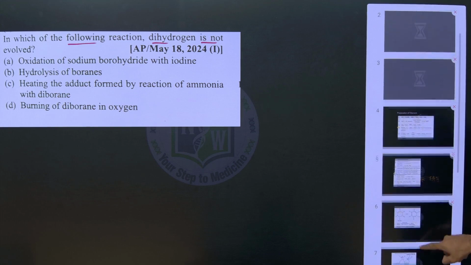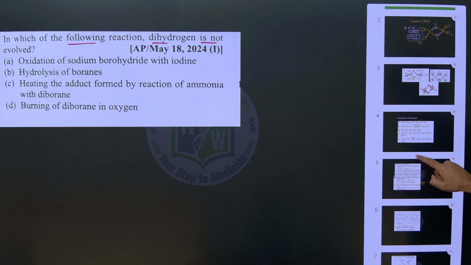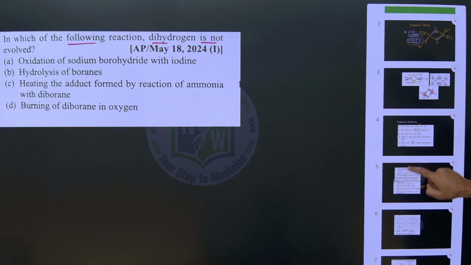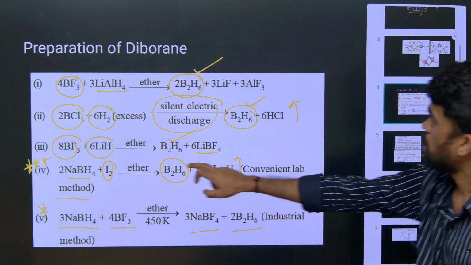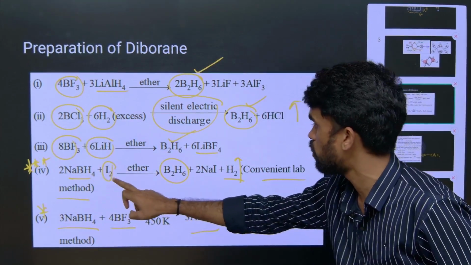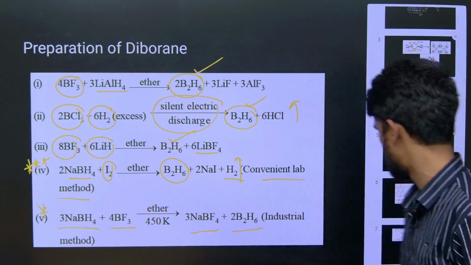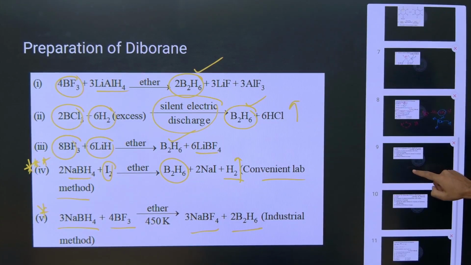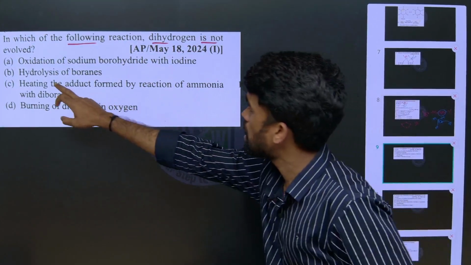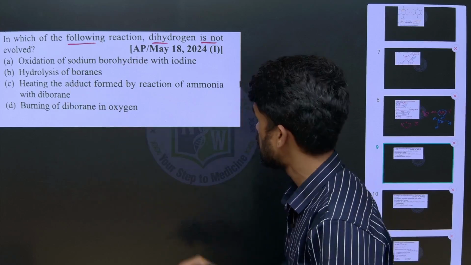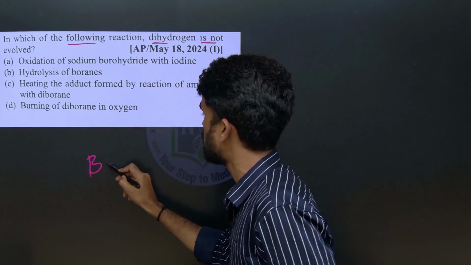So look here, oxidation of sodium borohydride with iodine evolves hydrogen gas. This is a convenient lab method we have discussed, so that is correct. Then hydrolysis of boranes. Yes, just now we have seen hydrolysis of boranes. What will it give?